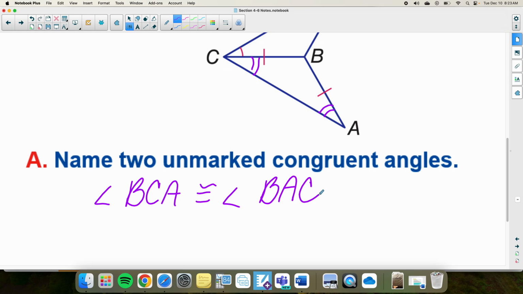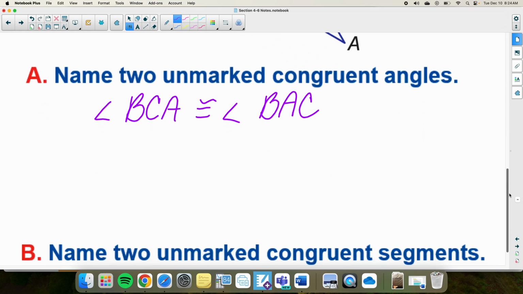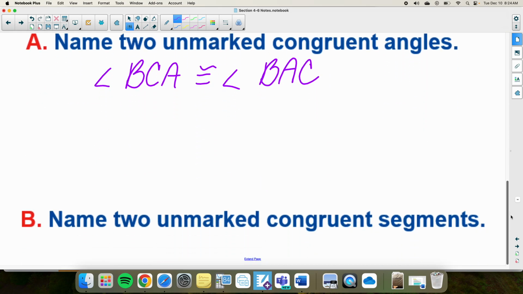Oh, by the way, could I have just named this one angle A? I could have. If you had seen that, that one is just a single angle, so I could have named that angle A.